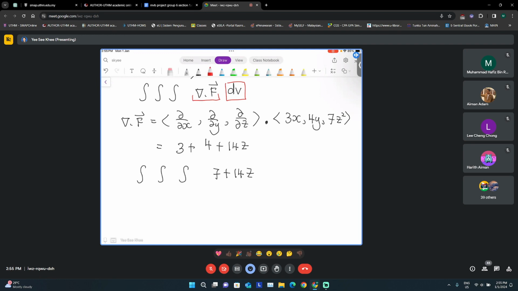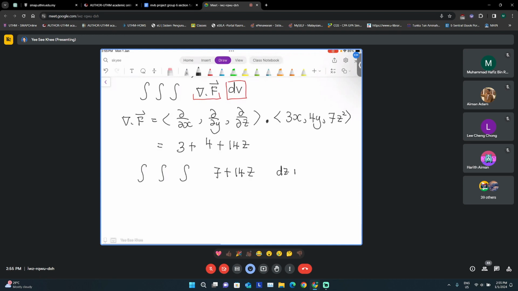Here we cannot straight away assume it to be pi over 4 because the equation for this cone is different, so you have to search for the angle. If you want to use cylindrical, you can just proceed with dz r dr d theta.